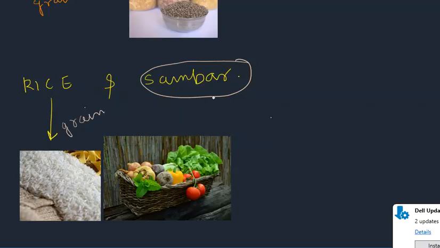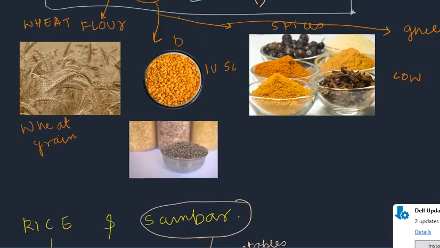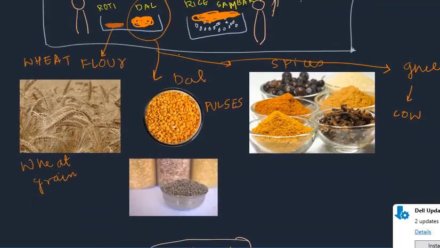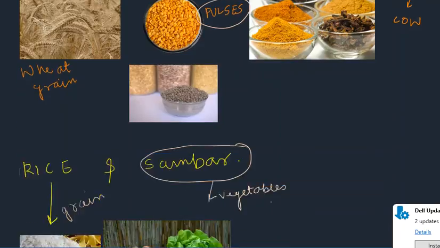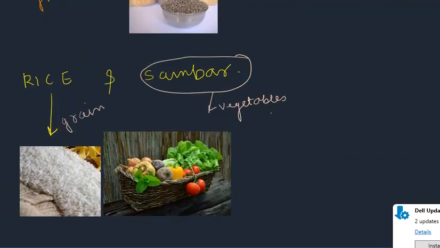Then sambar consists of vegetables, and similar to dal, it also consists of spices and pulses. So just like dal, you will have pulses and spices. Some people may also add ghee in sambar. Dal also consists of vegetables, but not as many as sambar.